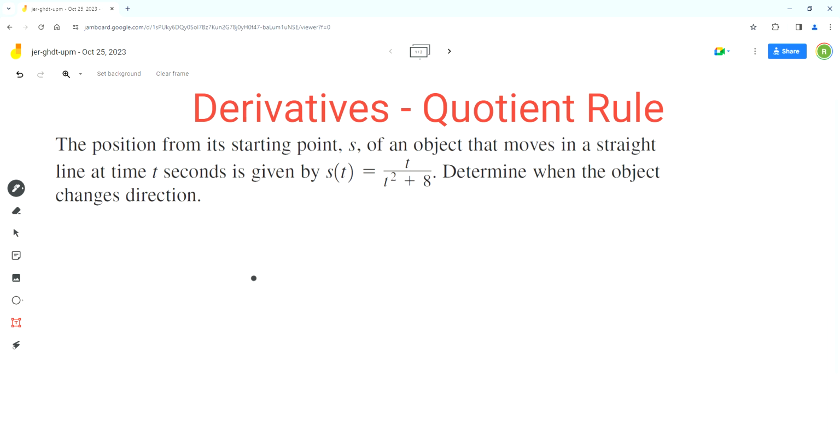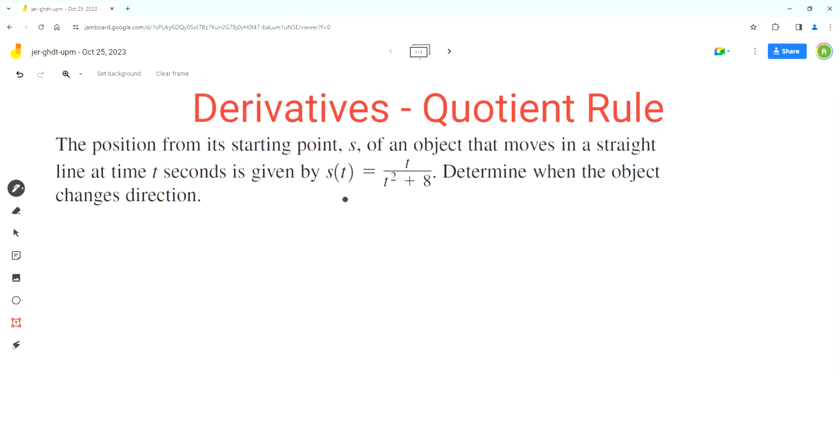Or the velocity is positive initially, then the object comes to a rest at which the velocity is 0, and after that the velocity changes to a negative value. So this is what is meant by the object changing direction.